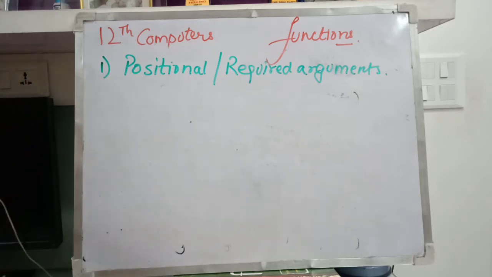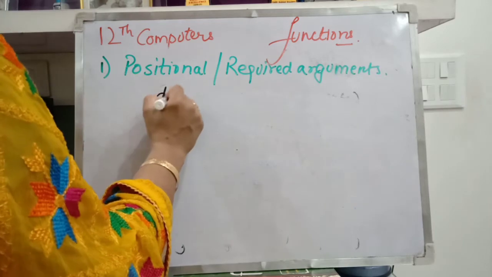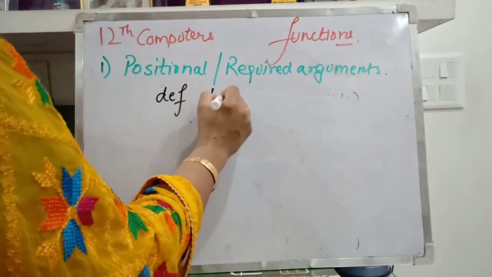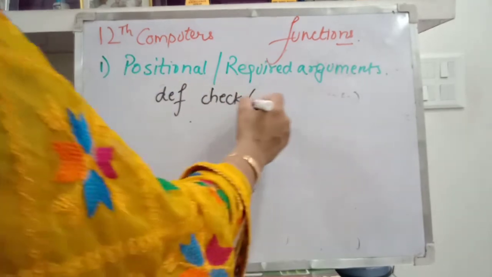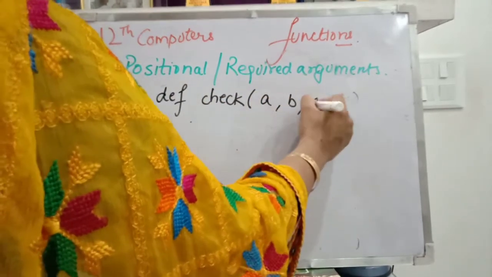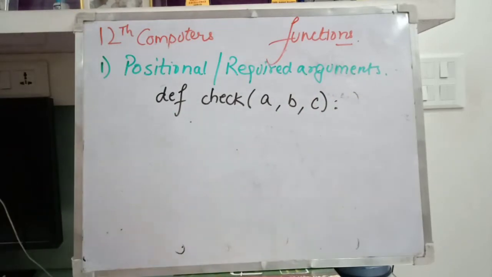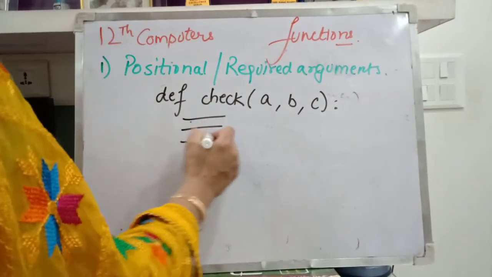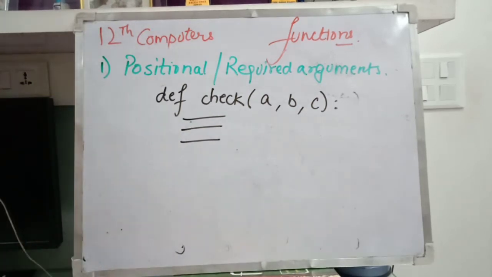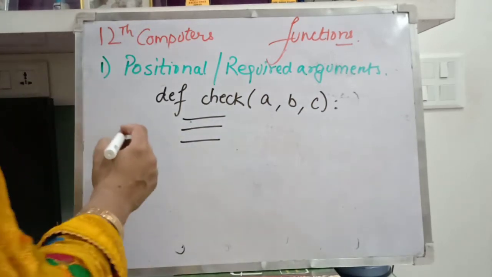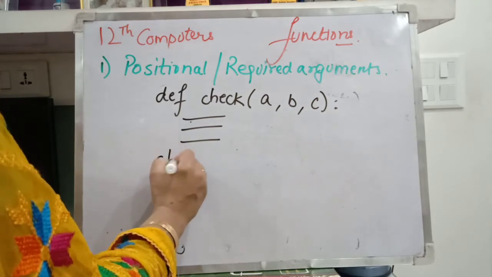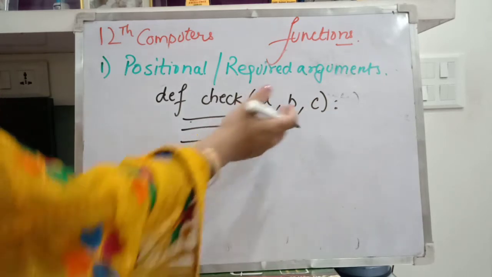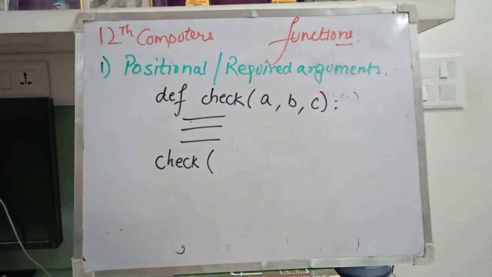For example, I have defined a function called check, and I have defined three formal arguments a, b, c. This function can have any definition. So let's see, in the main function I am passing some values to these formal arguments.